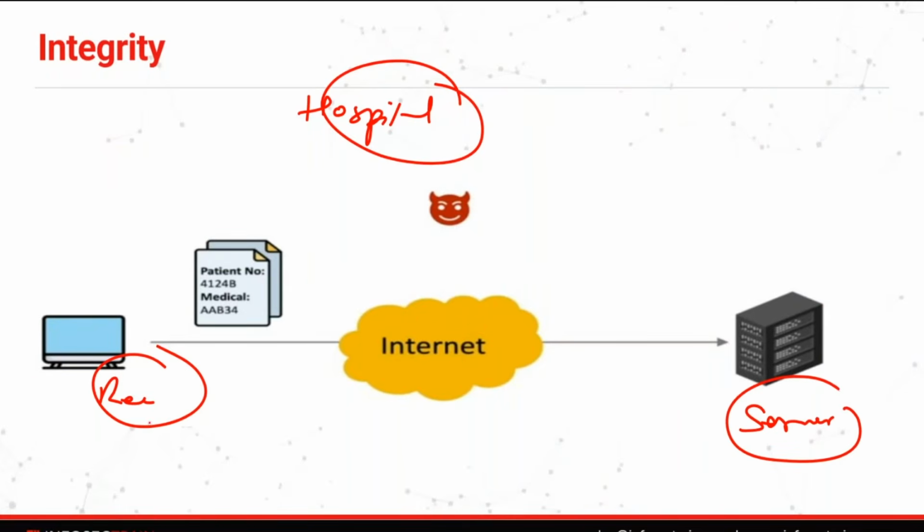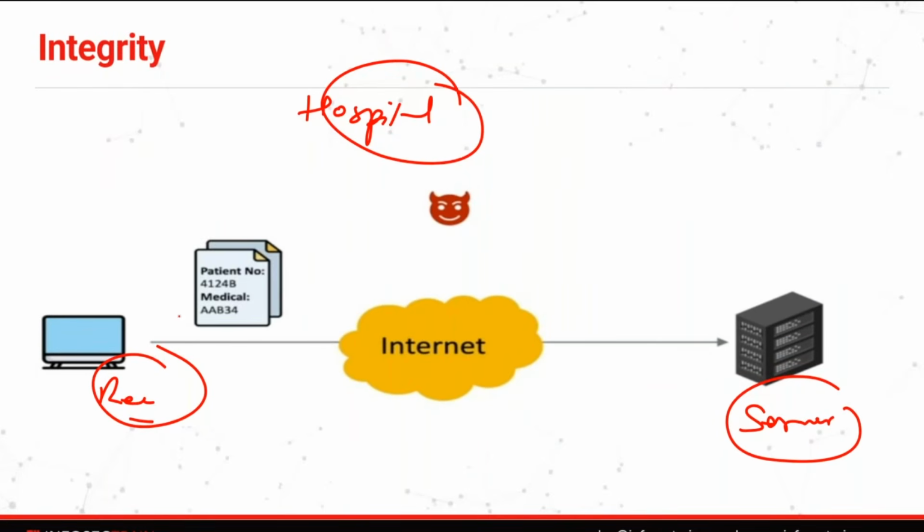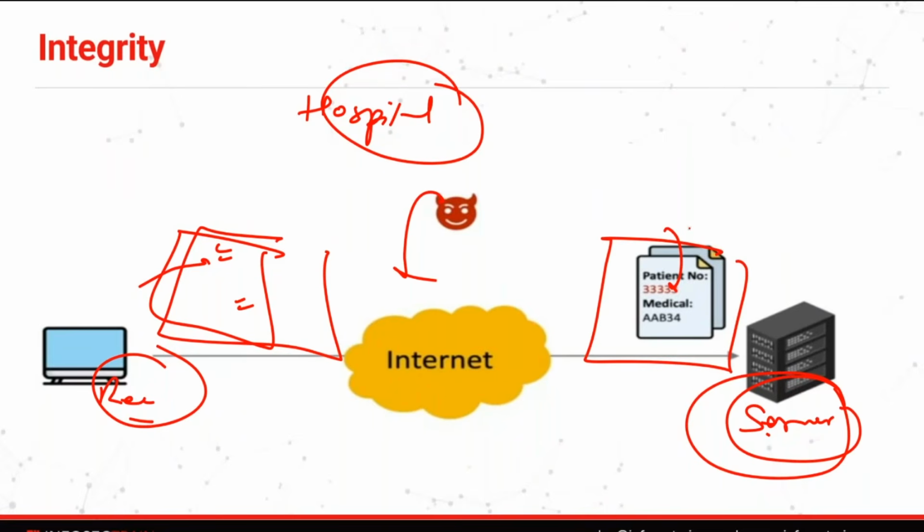What the receptionist is doing is filling up a form of a patient number, some medical records, and these medical records will be stored on the server. What if an attacker came in between, and the attacker tampered with some message here, this record of that patient?